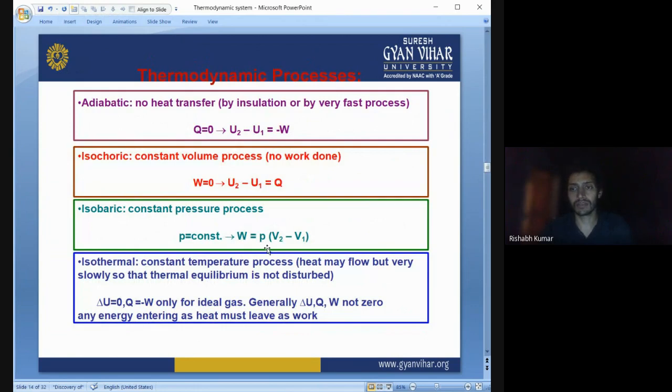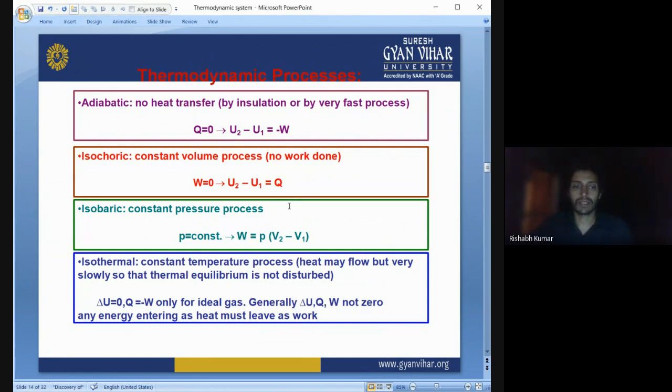Because there is no change in temperature, there is no change in internal energy, because as already been said, the change in internal energy is reflected by the change in the temperature of the system. So if there is no change in the temperature, there is no change in the internal energy. So delta U, or change in internal energy, is going to be zero.